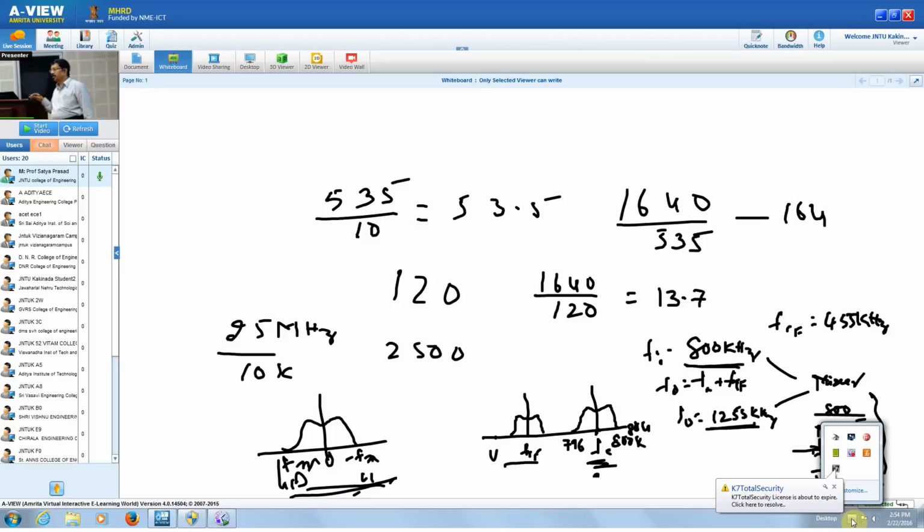Okay. Yes. So here, 4 kilohertz. This has been chosen because you want to have the required amplification also.